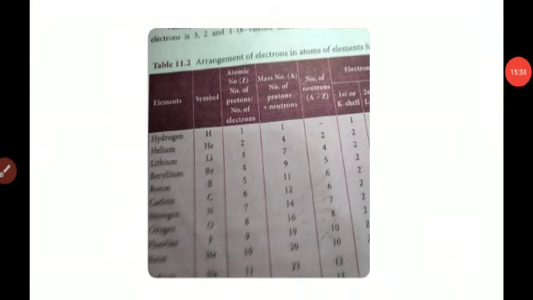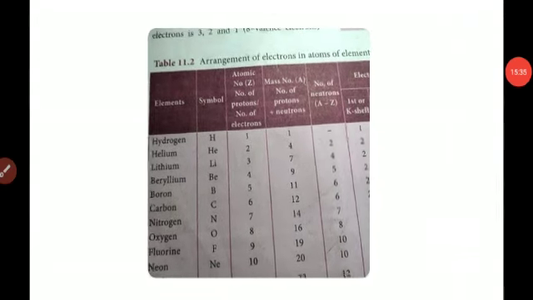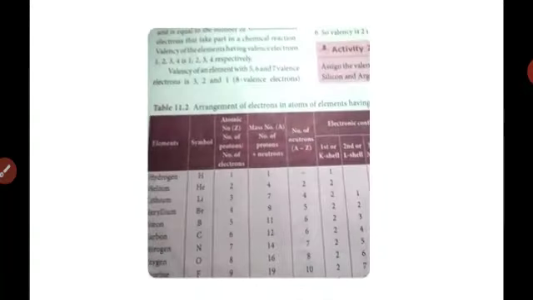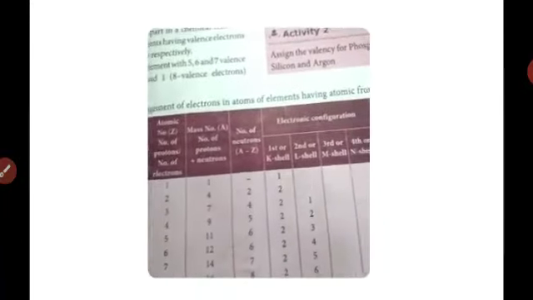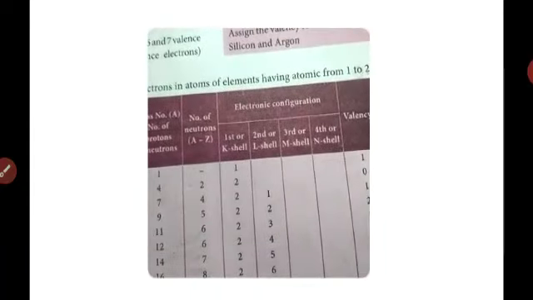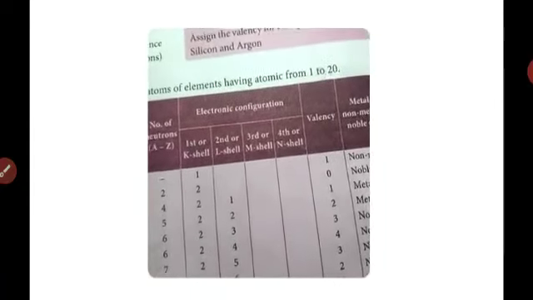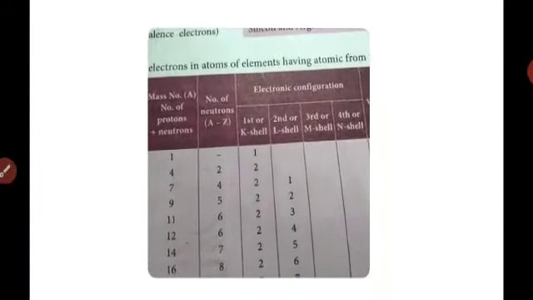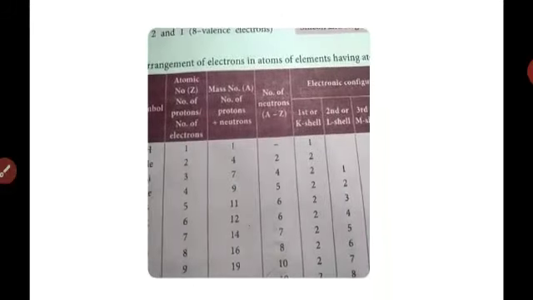Next, I am showing in the book the arrangement of electrons in an atom of elements having atomic number from 1 to 20. Up to 20, you know, from hydrogen up to calcium, right?